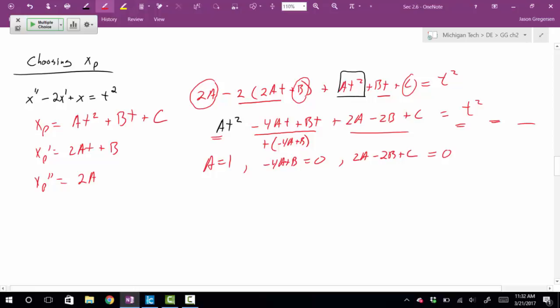So I'll have 3 equations and 3 unknowns. In general, I could use linear algebra to solve this. In this case, it came up pretty cleanly, so I really don't need to. I know a is 1, so that means b has to be 4. Plug those into the last one, and I'll have 2 minus 8 plus c equals 0. Looks like c must equal 6.